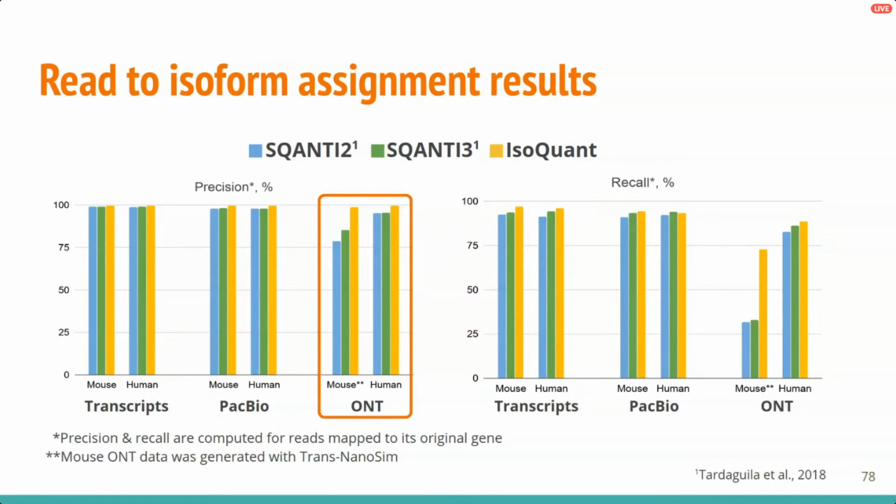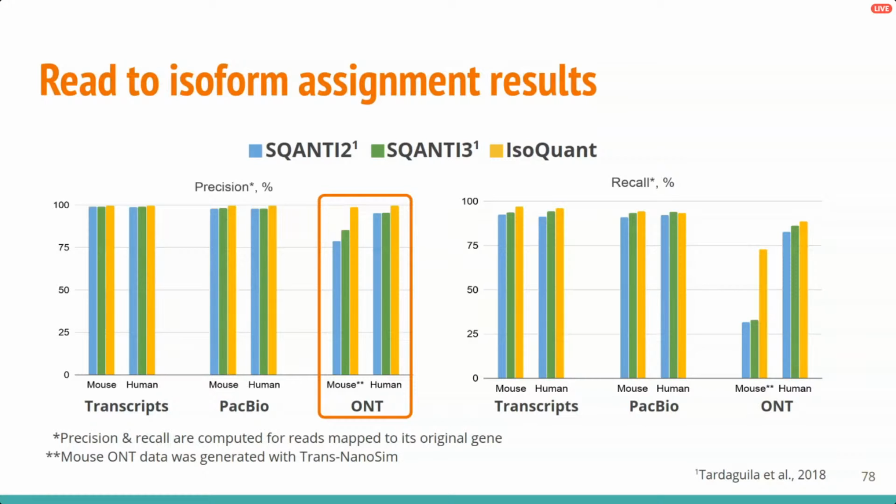drops a lot. What is also important is simulated mouse data with trans-nano-SIM, so it's more realistic, and human data was simulated with ISO-seq-SIM, so it has uniform error distribution. Both have 11% error rate. What you can see here is simply that error rate is not what's important. You have 11% error rate in both data sets.